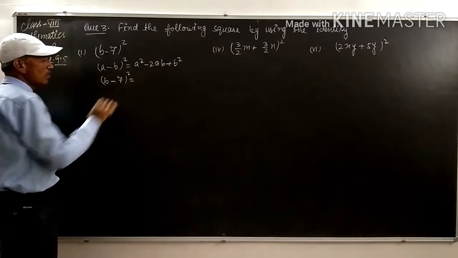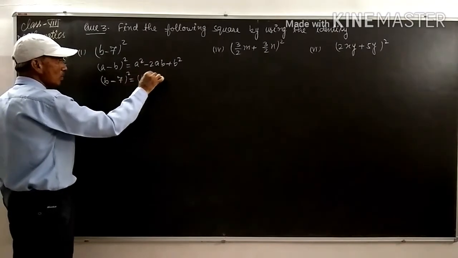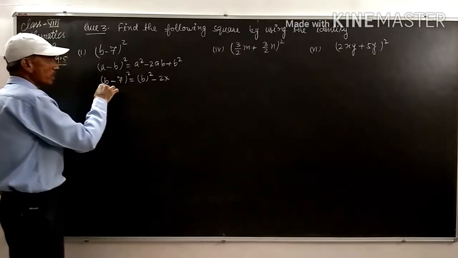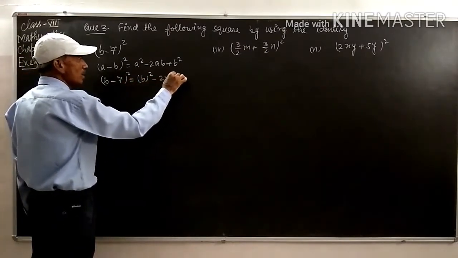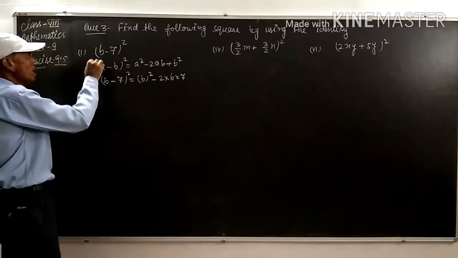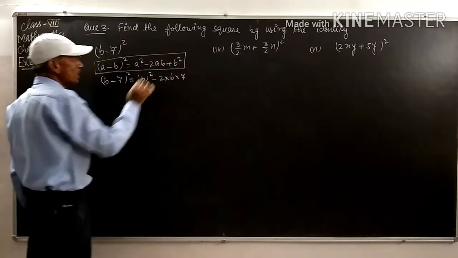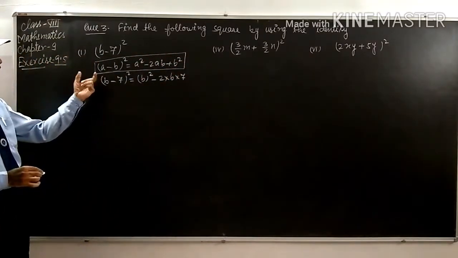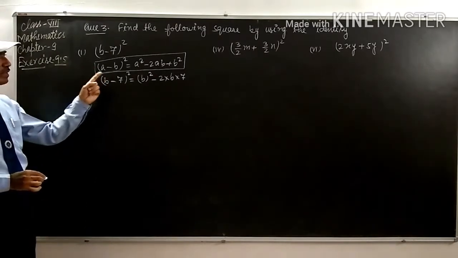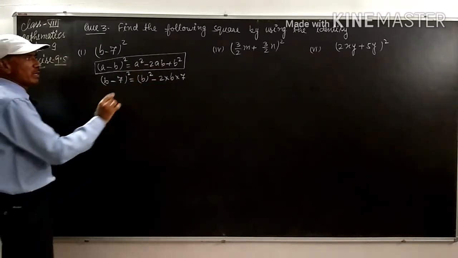b minus 7 whole square is equal to first b whole square minus 2 into, that will be b into 7. a के प्लेस पर आइडेंटिटी में जो a है स्टूडेंट्स, वहाँ पर यहाँ b है a के प्लेस पर और b के प्लेस पर 7 है, और आइडेंटिटी a माइनस बी, सेकेंड आइडेंटिटी a माइनस बी होल स्क्वायर, दैट इज a स्क्वायर माइनस 2ab प्लस b स्क्वायर. क्लियर स्टूडेंट?